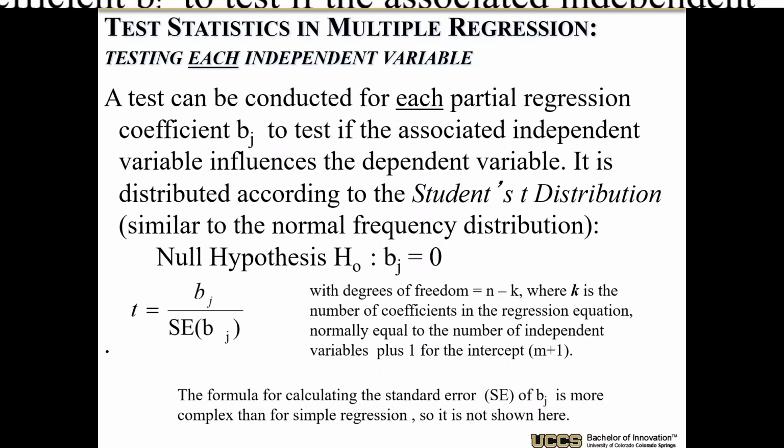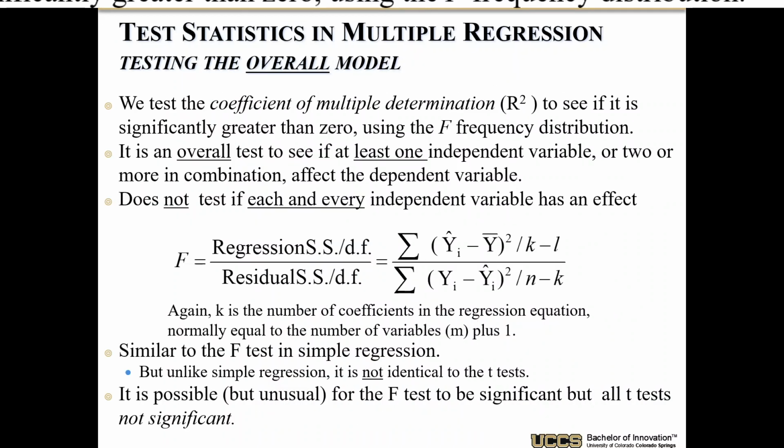And I get that by using a t-statistic, dividing by the standard error. And again, most packages will do these calculations for you. So I put all that through, and I want to test if the variables are similar. It comes out to be like the F-test, but unlike simple regression, which was identical to the t-test, in the high-dimensional case, it's not, because each of these variables becomes more complicated.